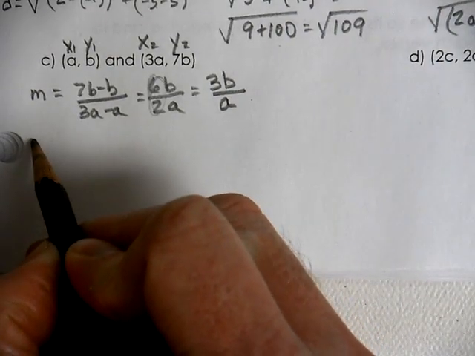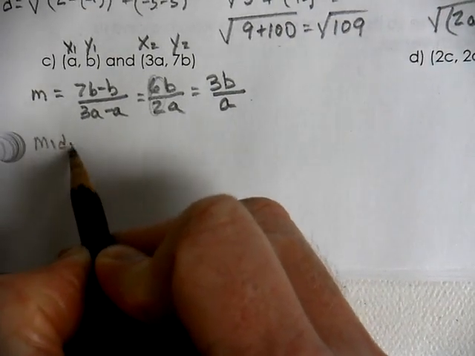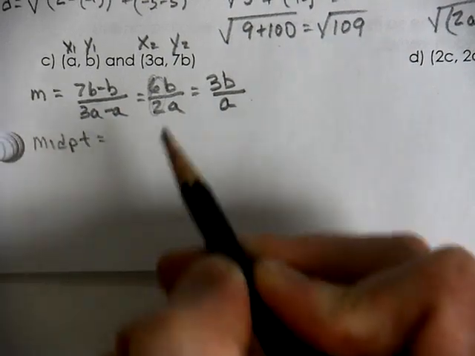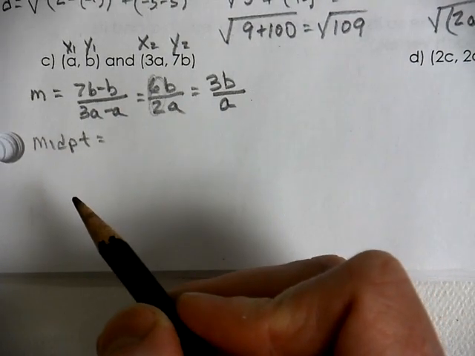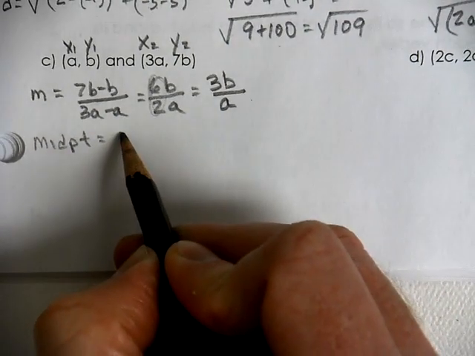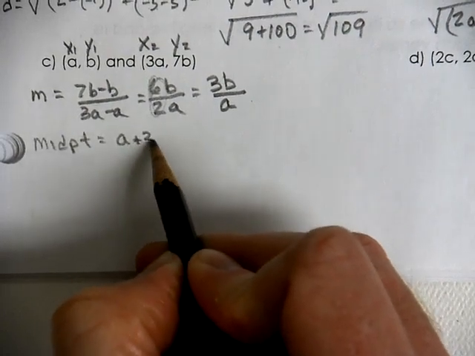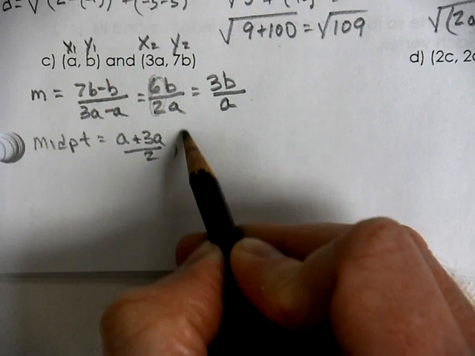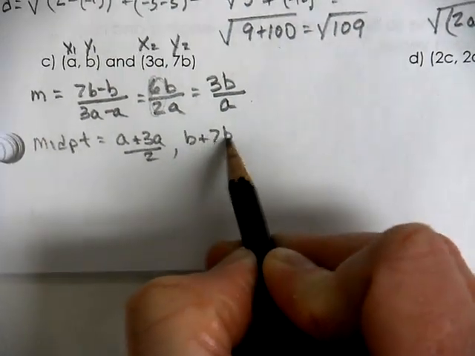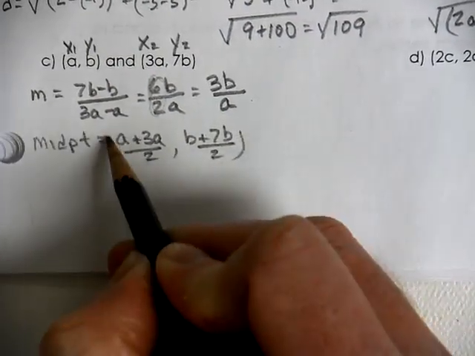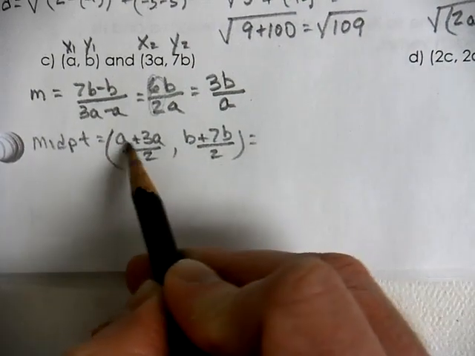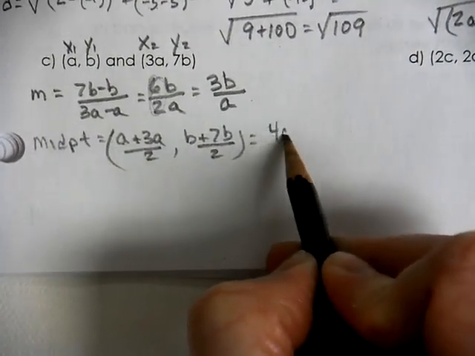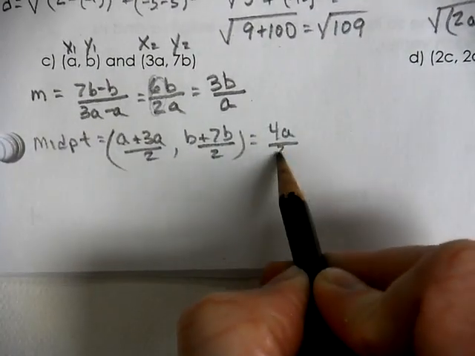Then we have midpoint. Midpoint is the average of the x's. So a plus 3a divided by 2. And b plus 7b divided by 2. That gives us 4a over 2.